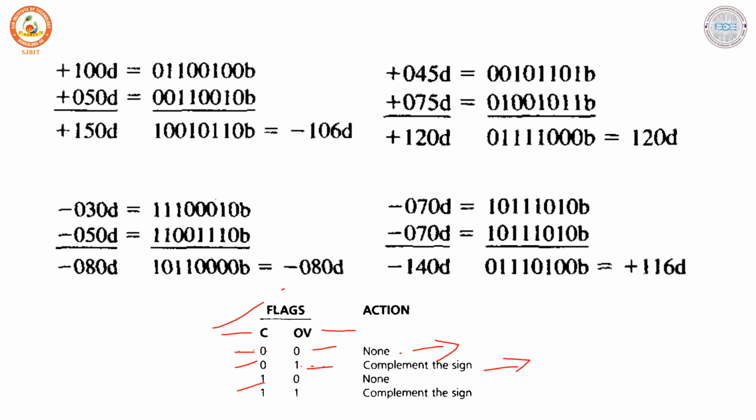And if we have the 1-0 condition, we are not going to do anything because the overflow flag is not set, only carry is there, so carry will be stored in the respective destination location. And when carry is 1 and the overflow flag is 1, we are again going to complement the sign of the value. So these are the flags which get affected during the addition operation.